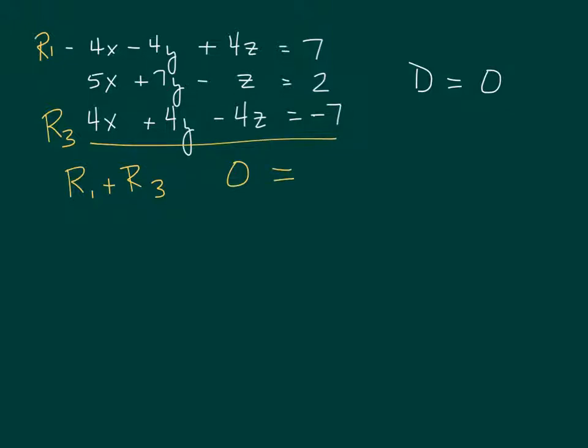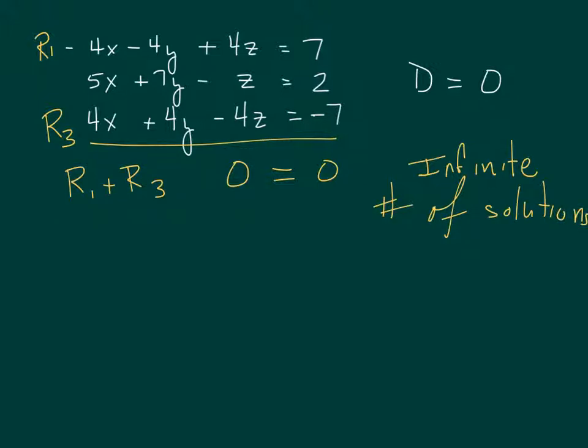So 0 equals 0, which is a true statement, but when all of your variables cancel out and you end up with a true statement, that means that there will be an infinite number of solutions. So this problem will have an infinite number of solutions.